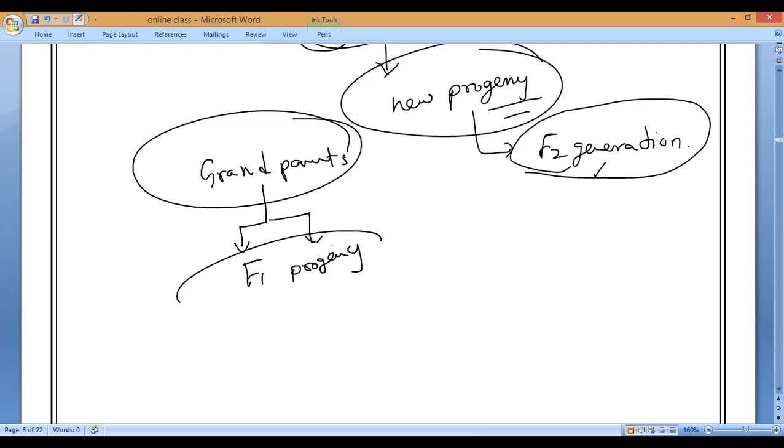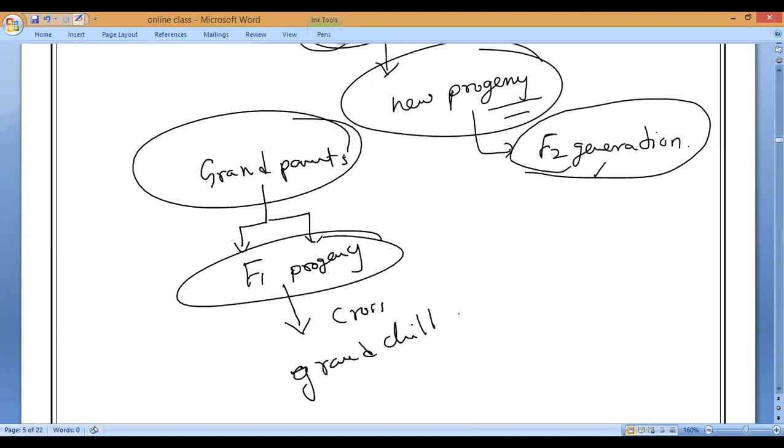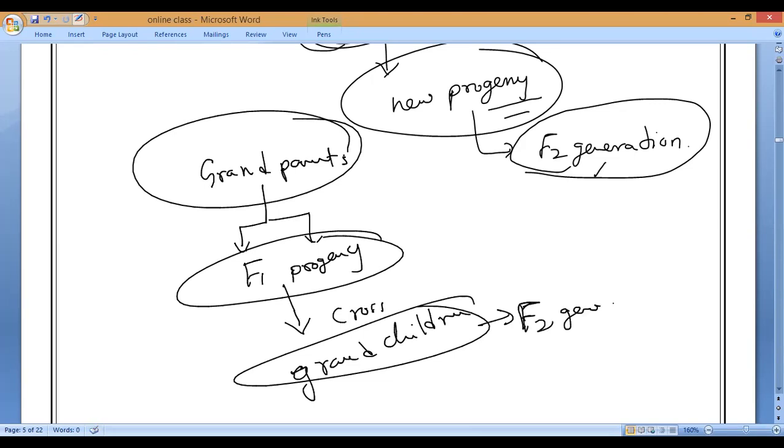Once this F1 progeny attains maturity, they again undergo a cross and produce the grandchildren, which is called the F2 generation. So the parental generation gives you the F1 progeny, and the F1 generation gives you the F2 progeny. That is how the process takes place.